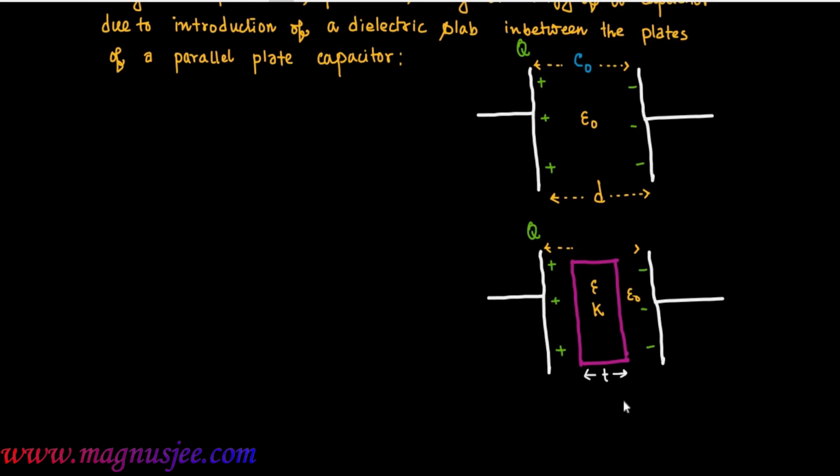K is the dielectric constant of the dielectric slab, and epsilon 0 is the permittivity of vacuum. Initially, the intermediate medium was vacuum. Now, a dielectric slab is introduced. This is the dielectric slab.